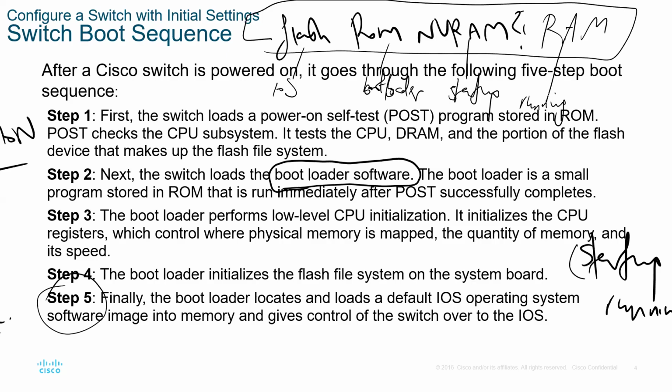These are the types of memories we have in the switch. So where we start is here: bootloader in the ROM, then we go to the operating system image, then we go to the startup, then we end up switching it on, and we have the running configuration.